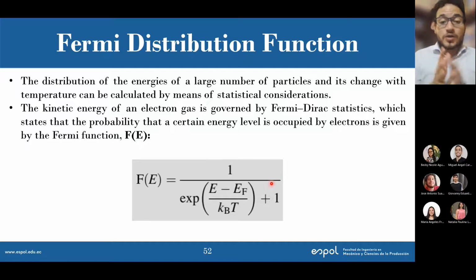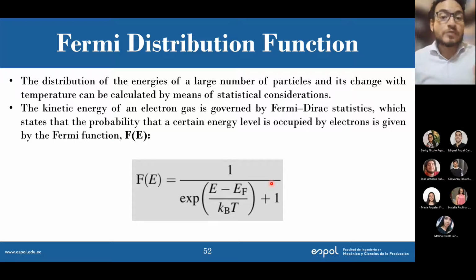Therefore, this equation is only going to give a value from 0 to 1, right? Because at the end, this Fermi function is just representing the probability of a certain energy level to be occupied.